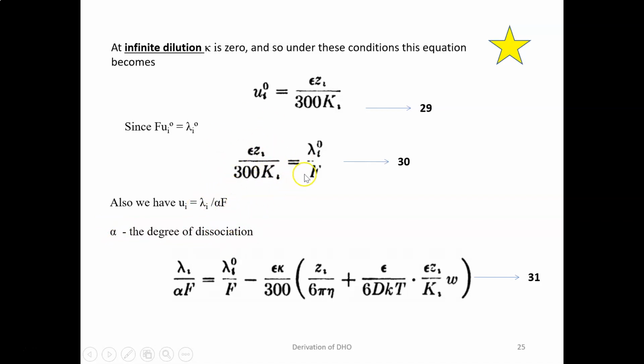Instead of f, you can have alpha f in this equation, and you can substitute the value here to get lambda i divided by alpha f is equal to lambda i0 divided by f minus epsilon kappa divided by 300 into Zi divided by 6 pi eta plus epsilon divided by 6 dkt multiplied by epsilon Zi divided by Ki into omega.